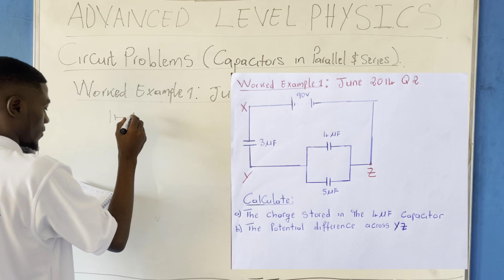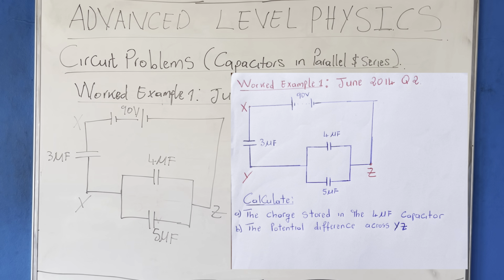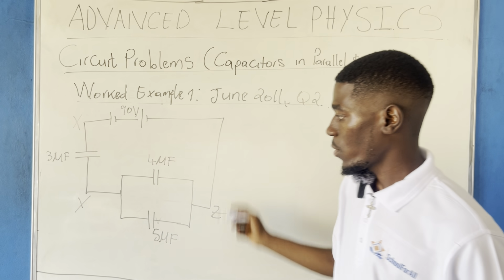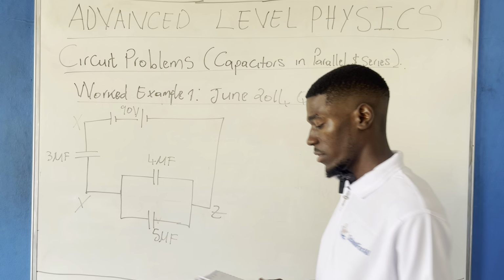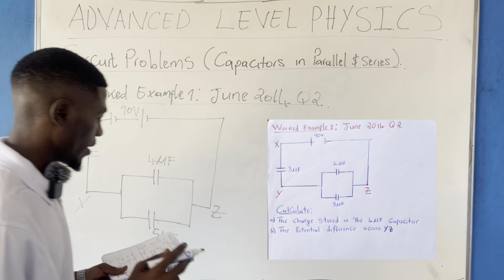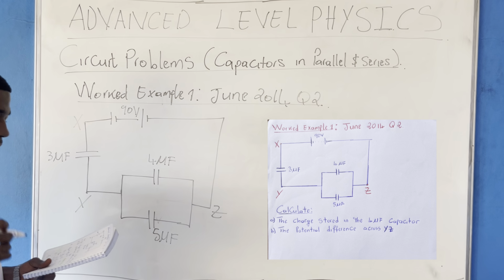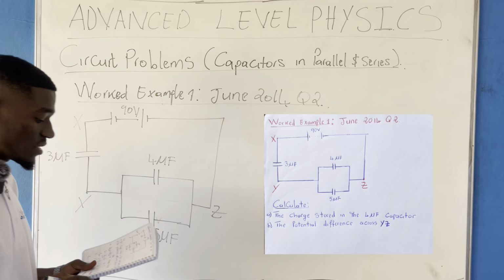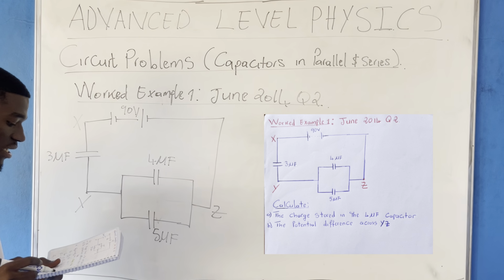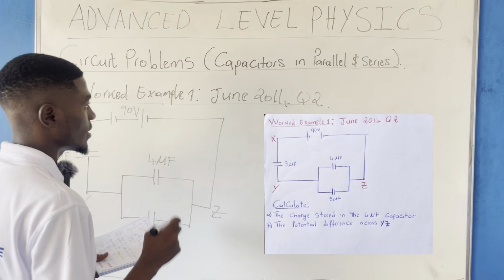Having the circuit diagram, we have a circuit. Now, they are asking us: A, calculate the charge stored in the 4 microfarad capacitor. B, the potential difference across YZ.